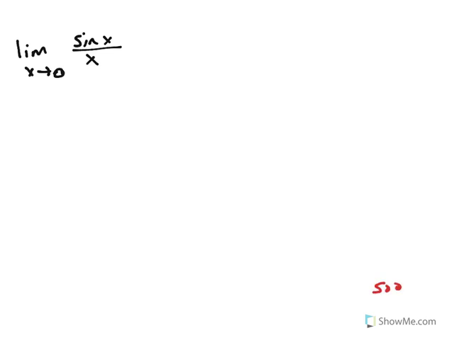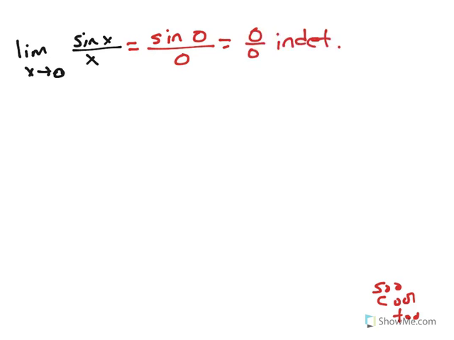I'm going to put down my reminder to help me. I have to test out the numbers in here first. This is equal to the sine of 0 over 0, which is equal to 0 over 0, which is indeterminate. Which means I'm going to solve this problem by taking the limit of the derivative of each.